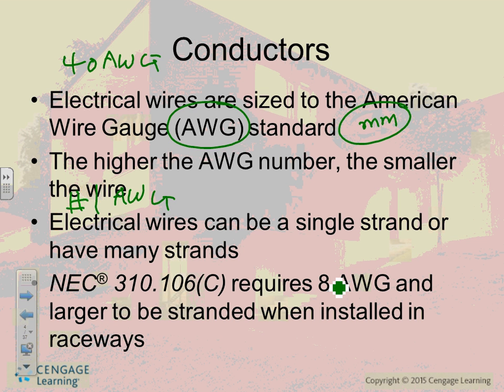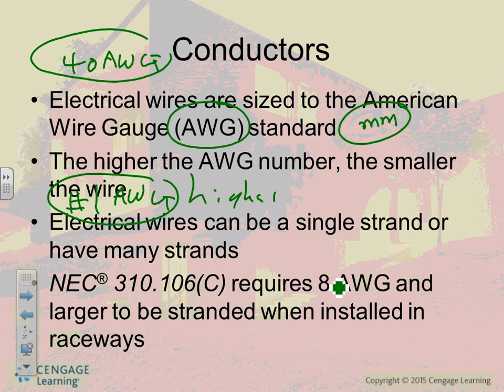Which one is higher in size? You should know that. This is higher. You know what the size of this number 40 is? Smaller than your hair. That's the minimum they can go. It's almost hair size.